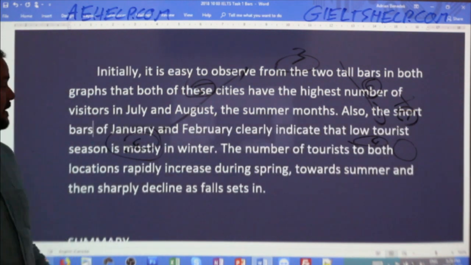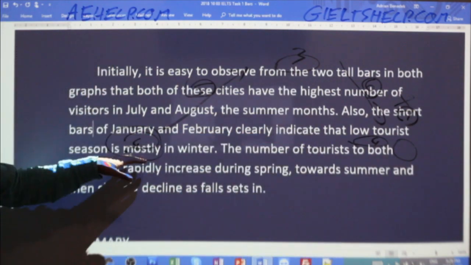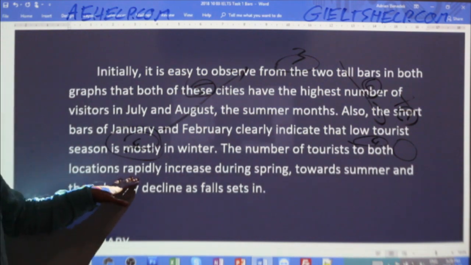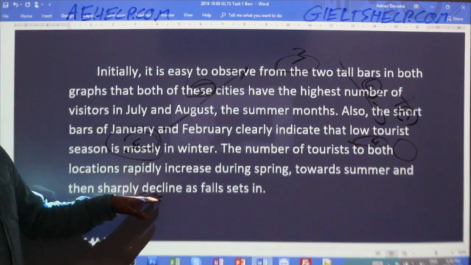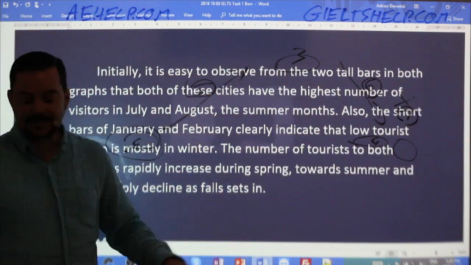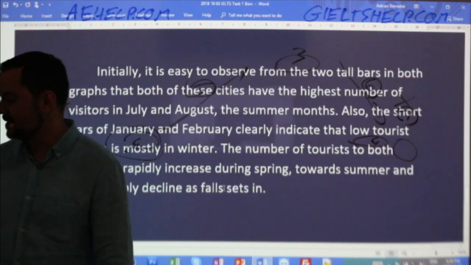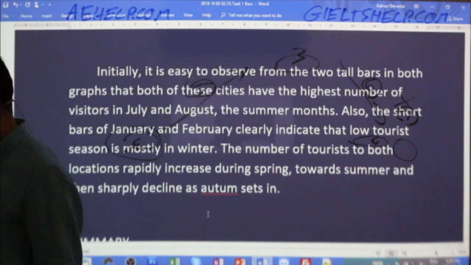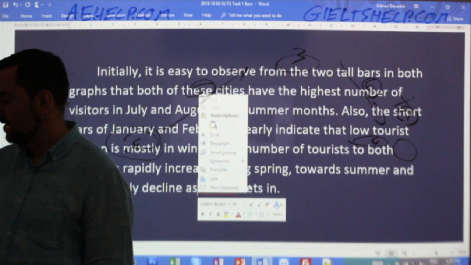Of January and February clearly indicate that low tourist season is mostly in winter. The number of tourists to both locations rapidly increase during spring towards summer and then sharply decline as fall sets in. Okay? Fall, another way to say it, of course, is autumn. Okay? If you don't know how to spell autumn like me, then just stay with the word fall.